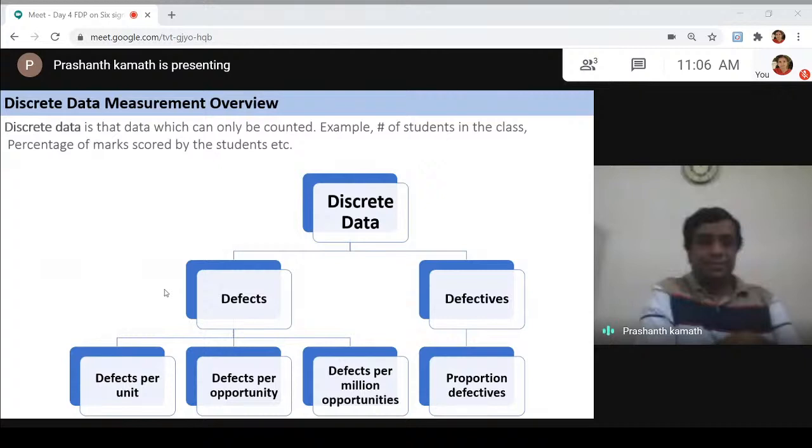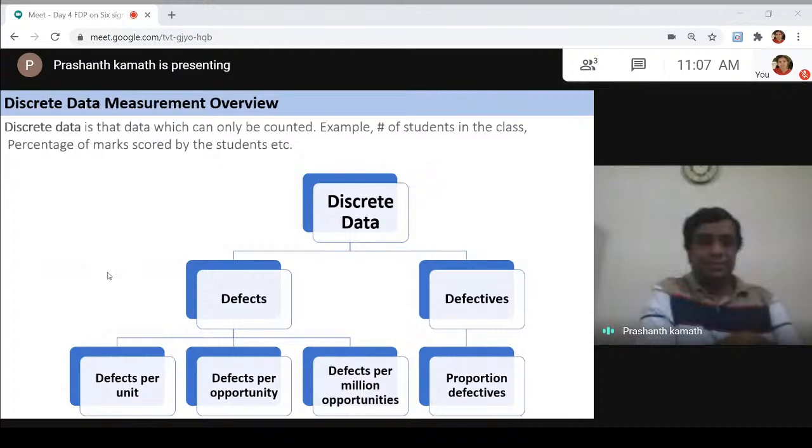And based on this term defect, three types of measures have originated in the world of Six Sigma. See, before we get into each of these terms, we need to understand the history of Six Sigma, right? Six Sigma as a concept originated in Motorola for their manufacturing process. Essentially, the journey of Six Sigma started in the world of manufacturing.